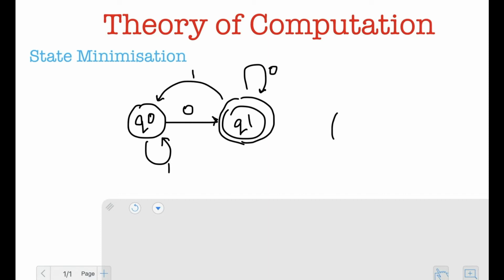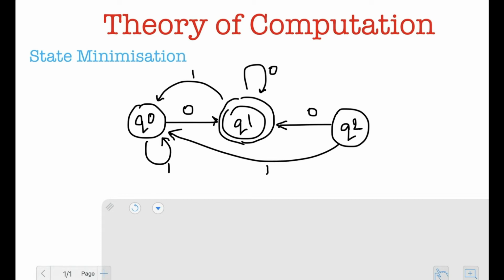And then I have another state Q2 from where we go to Q1 on a 0 and Q0 on a 1. Now in this DFA we can see that Q2 is an unnecessary state because it's not reachable at all.